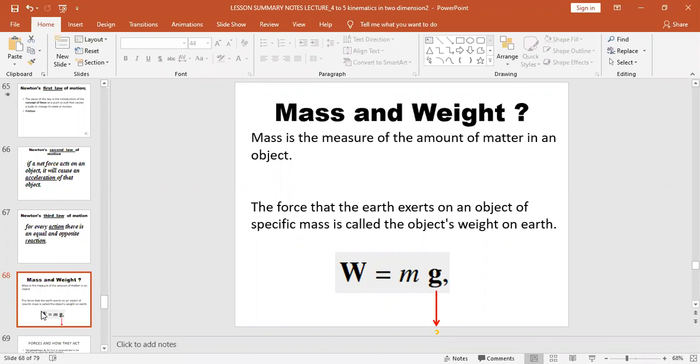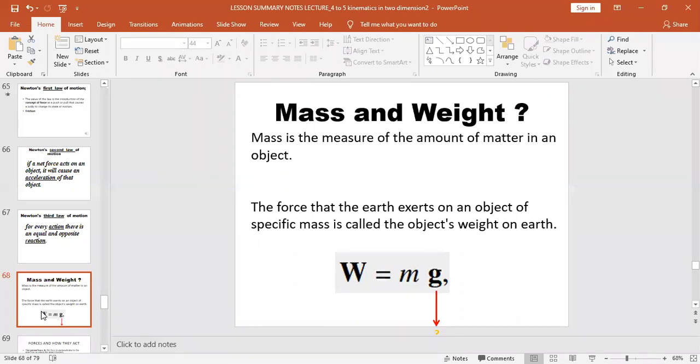Now, weight is a vector quantity. Let me read what we have here first. It says mass is the measure of the amount of matter in an object. So the amount of matter in a pen will not change because that is the makeup of the pen.